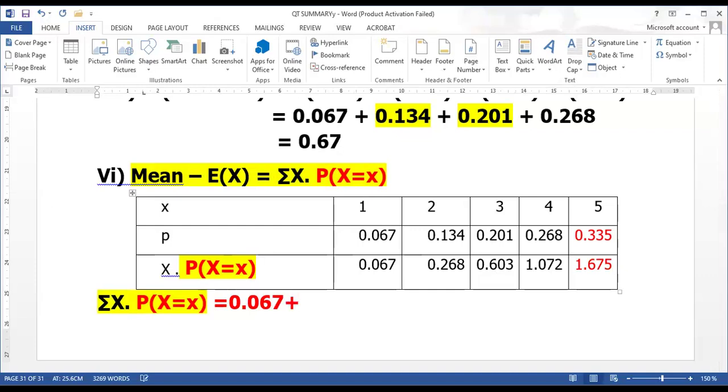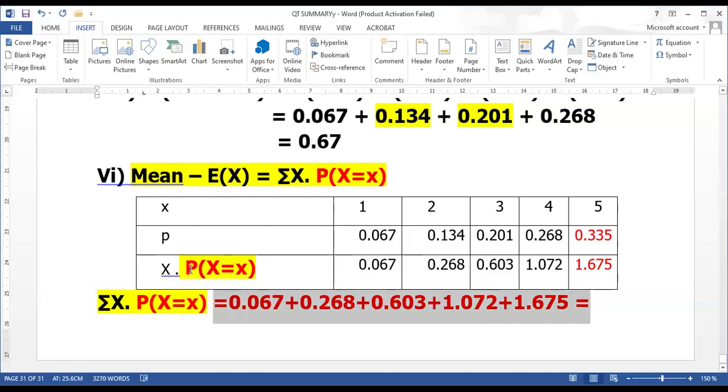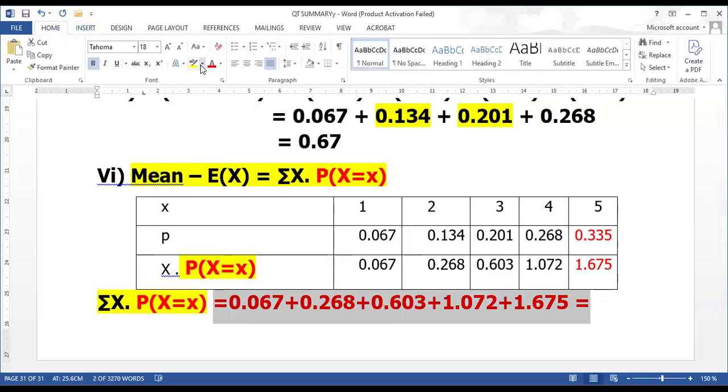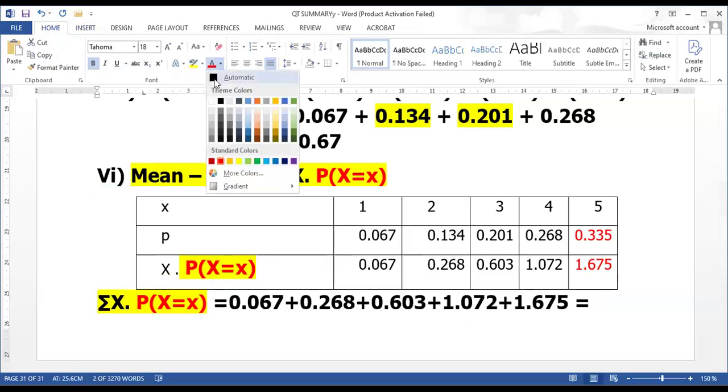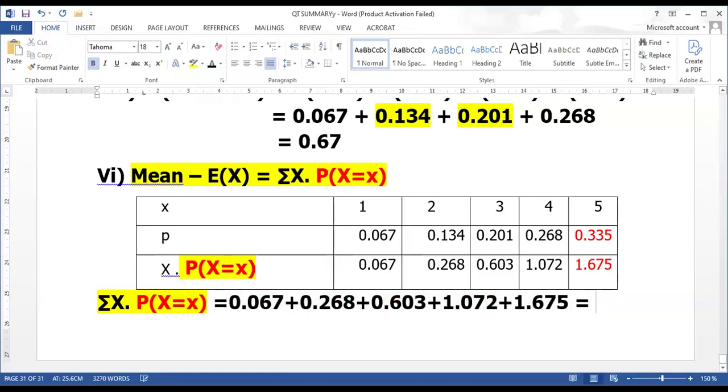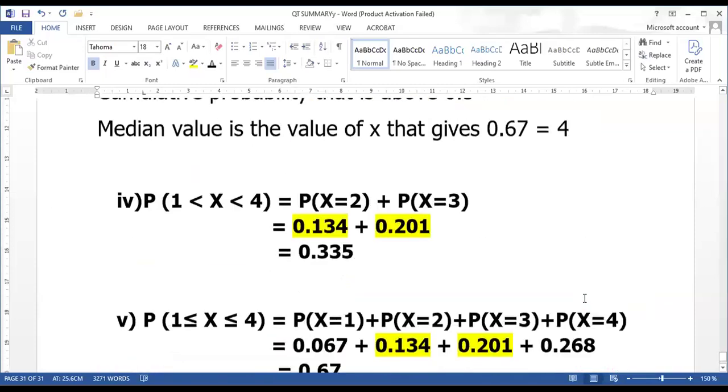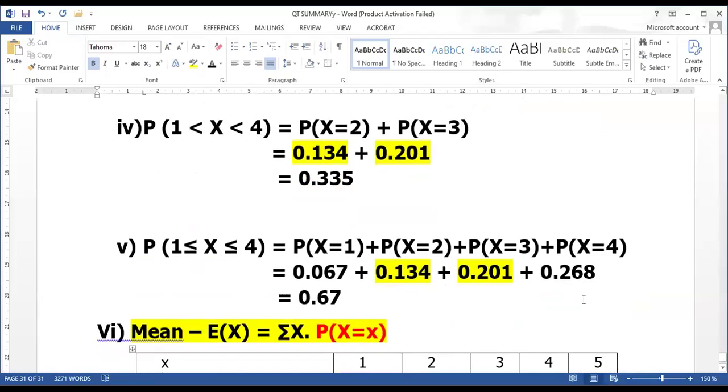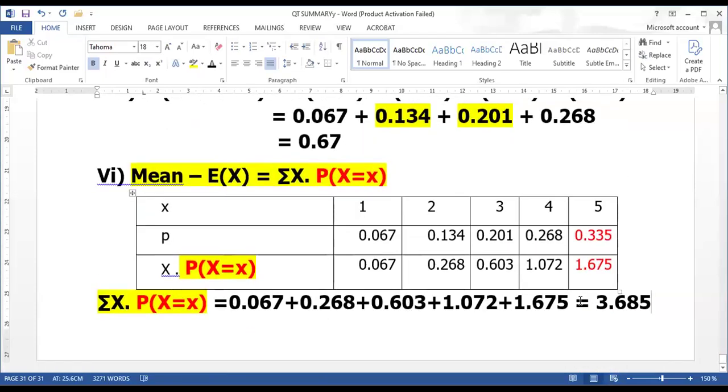Simply add those values and tell me the figure. I'm getting 3.685. That is your mean.